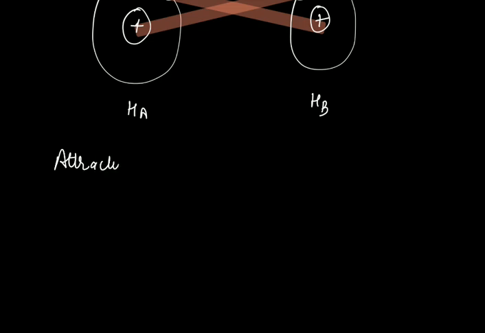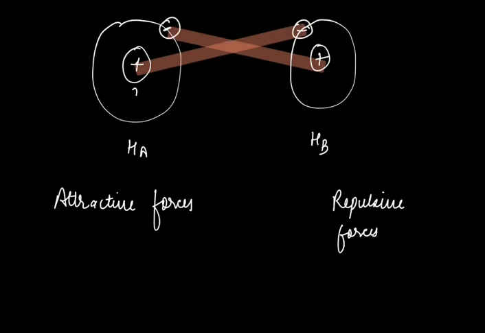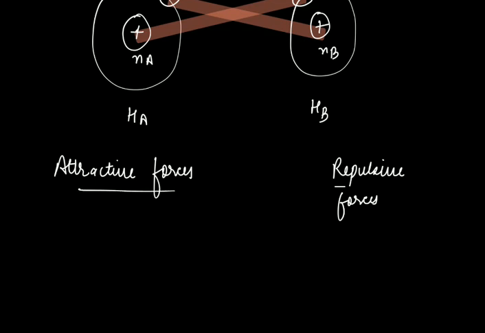What kind of attractive forces am I talking about, and what kind of repulsive forces am I talking about? Let's call this nucleus Na, nucleus B, and this is electron B, and this is electron A, so that we can understand attractive and repulsive forces.